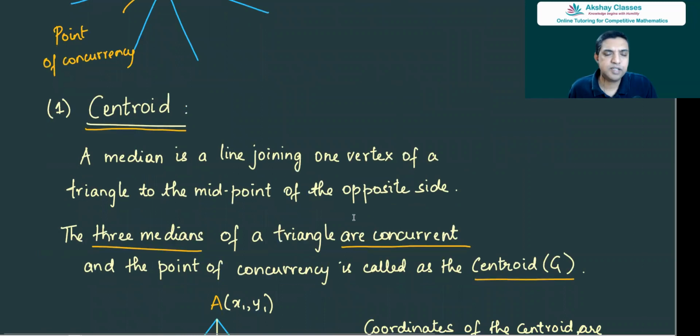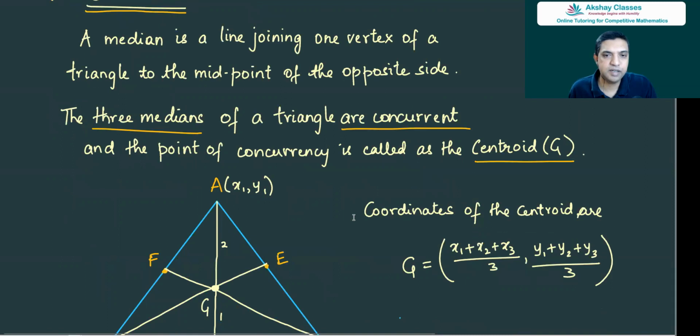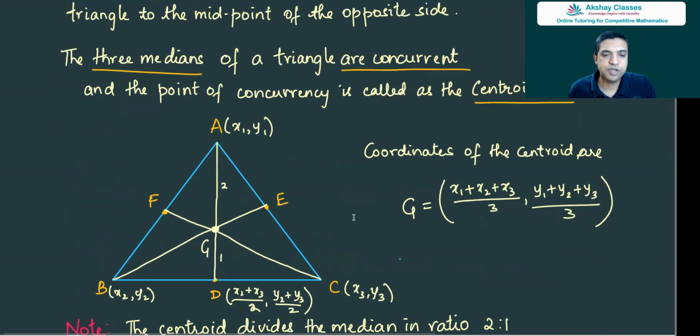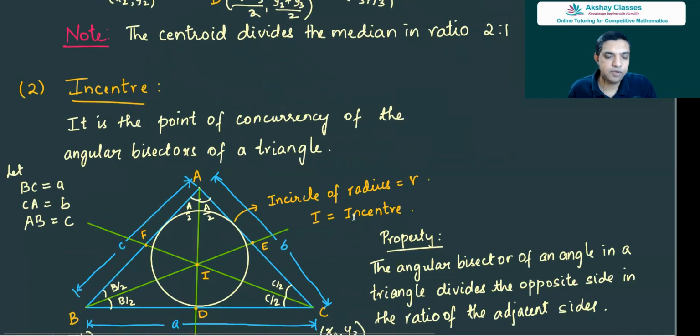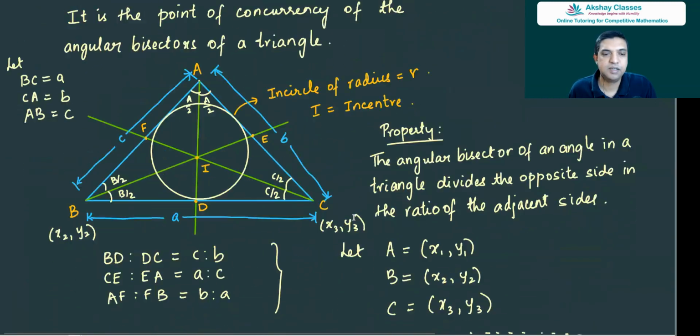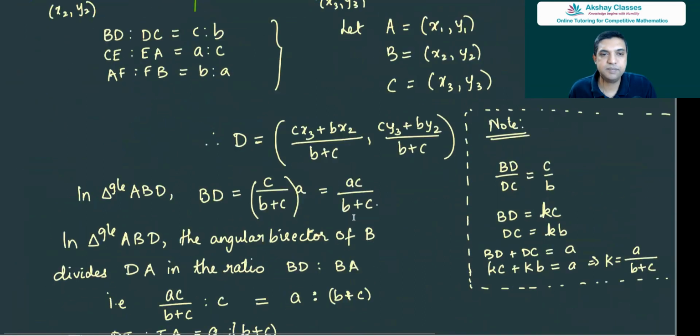So centroid is one such point in a triangle, which is the point of concurrency of the 3 medians of the triangle. Medians are lines joining the vertex to the opposite side. Then incenter is the point of concurrency of the angular bisectors of a triangle. And we proved it, how to find the incenter.